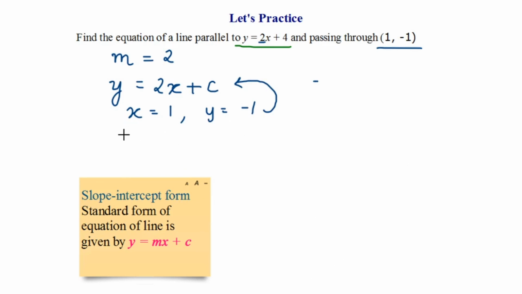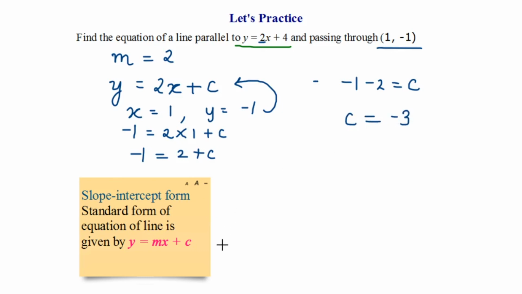Let's do that. -1 = 2 times 1 + c and hence -1 - 2 = c. Hence I get the value of c as -3. We have both the values, that is m as well as c, and hence the equation of the line which is parallel to the given line is y = 2x - 3.